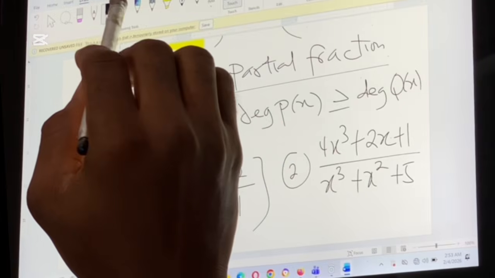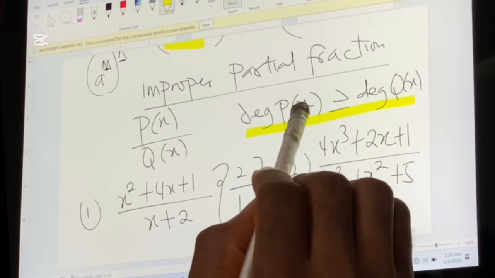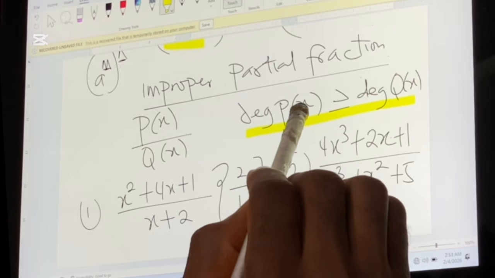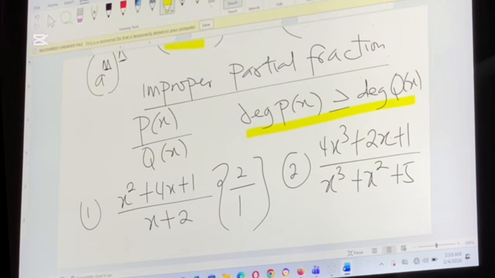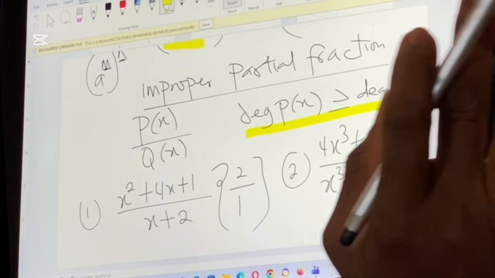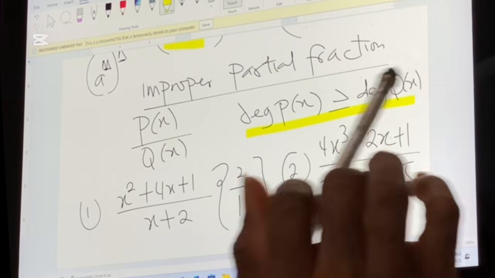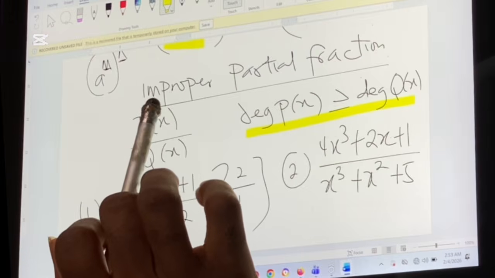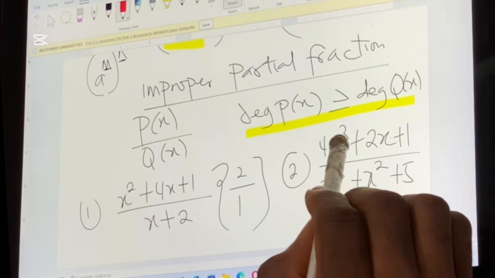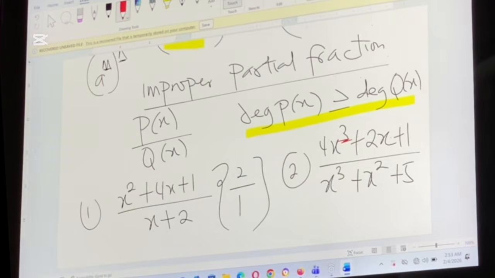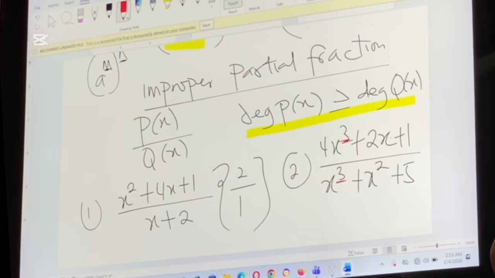Remember, this is the condition for a partial fraction to be improper: when the power of the fraction at the numerator is greater than or equal to the denominator. So it's not only one condition, it's two conditions. Please take note. If it is greater or equal to, it means that particular partial fraction will be an improper partial fraction. So the highest power of s at the numerator is 3, and the highest power of s at the denominator is 3. So we call this an improper partial fraction.